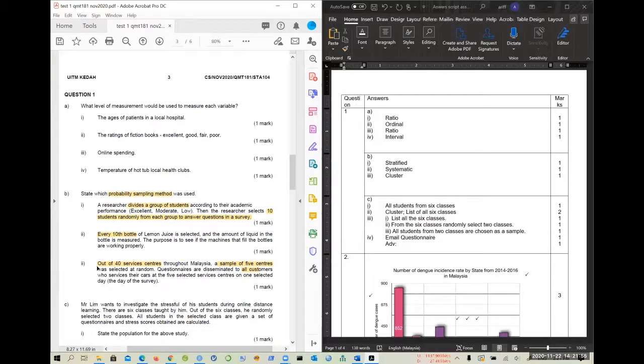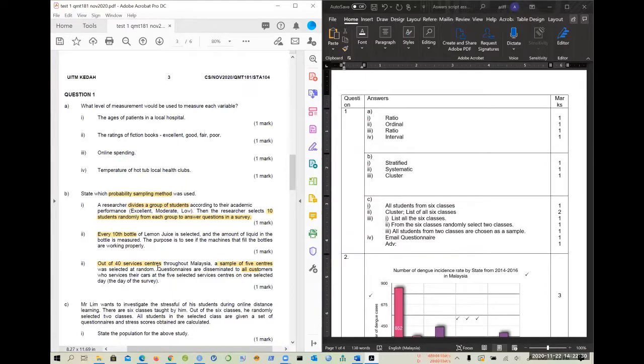So in this case, when we talk about the population, it will be the customers, all the customers of the service center. Okay. However, the sampling frame is not the list of all the customers, because this one is cluster sampling. The sampling frame is the list of 40 service centers, not all customers. Okay, you have to remember the sampling unit in the other probability sampling is the element itself. Okay, contohnya respondent, employees, customer or whatsoever.